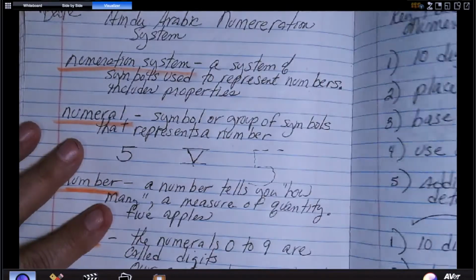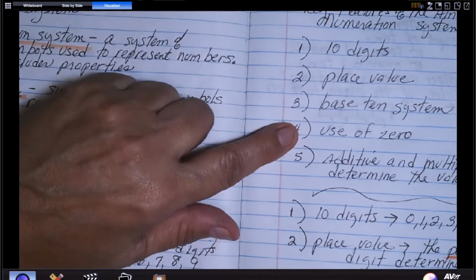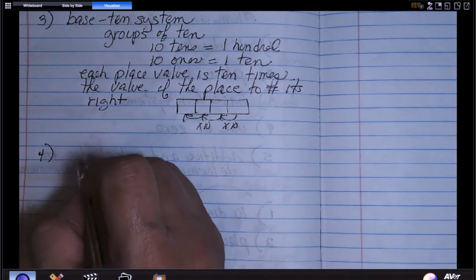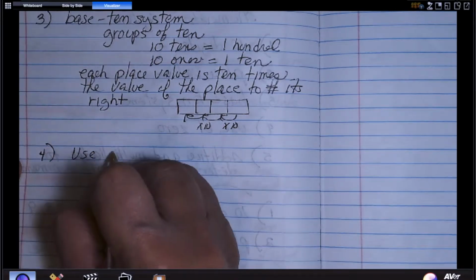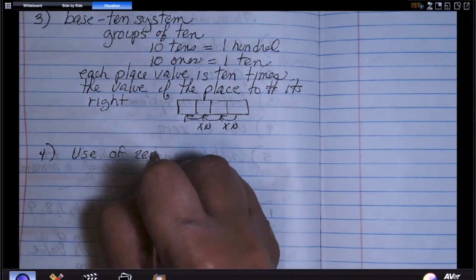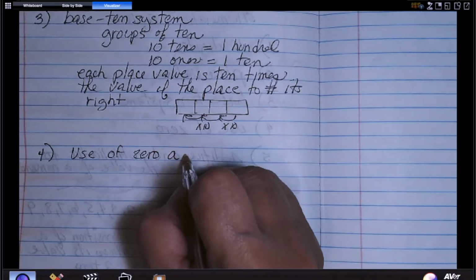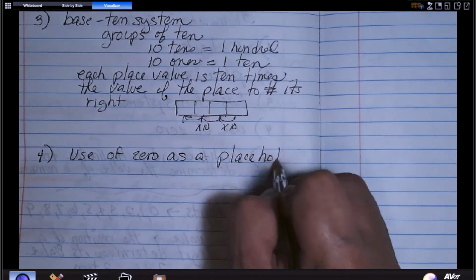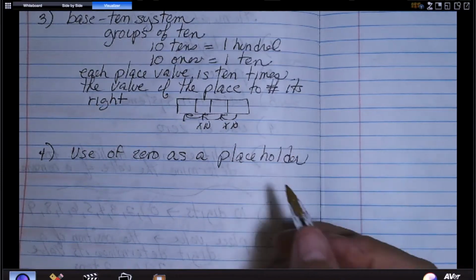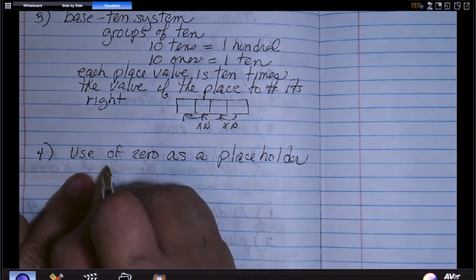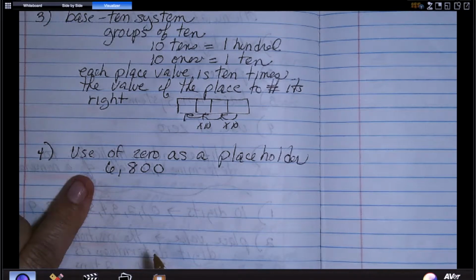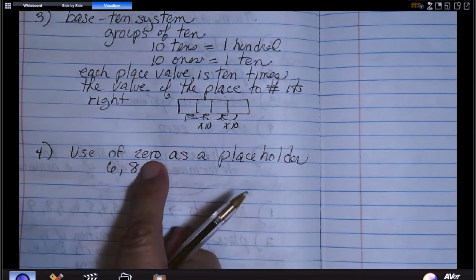Okay, go back to number 4. Our number system uses 0. So we use 0 as a placeholder. For example, if I have 6,800, if I remove those zeros, then it becomes a 68.